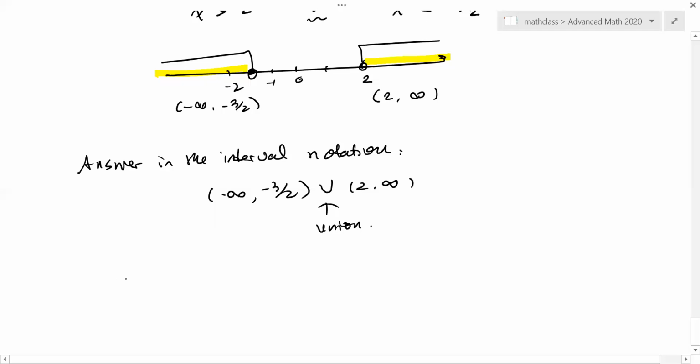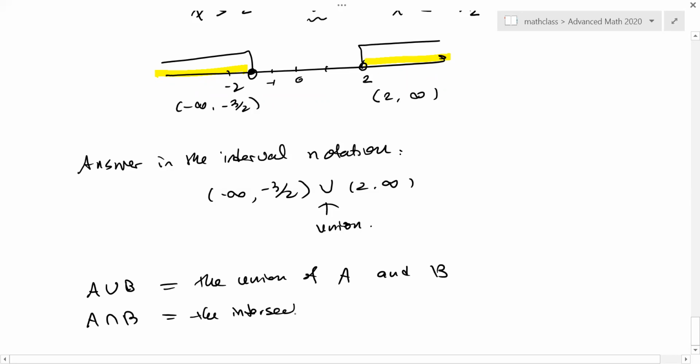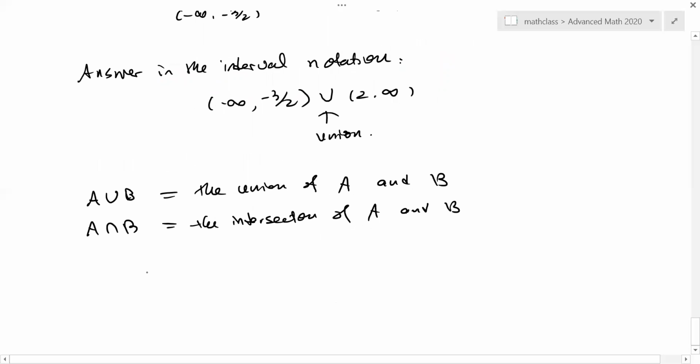Some notations here. This one is called the union of A and B. And this one is called the intersection of A and B. So geometrically, how to draw that? If this is A, that is B. Let me draw that.